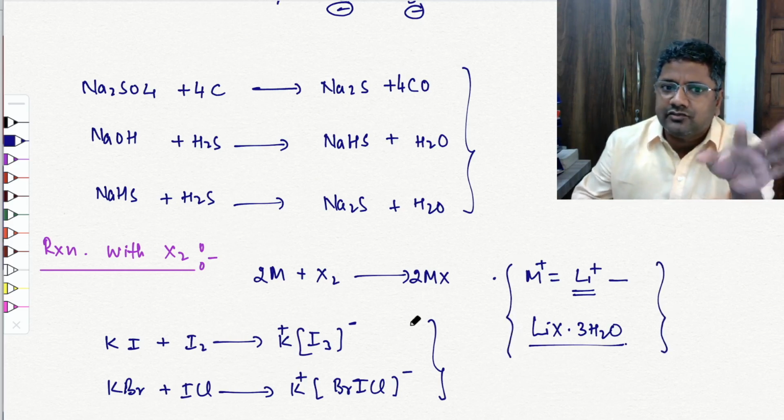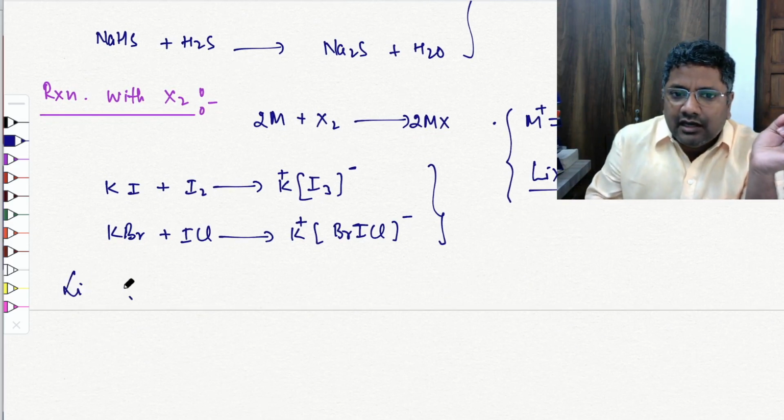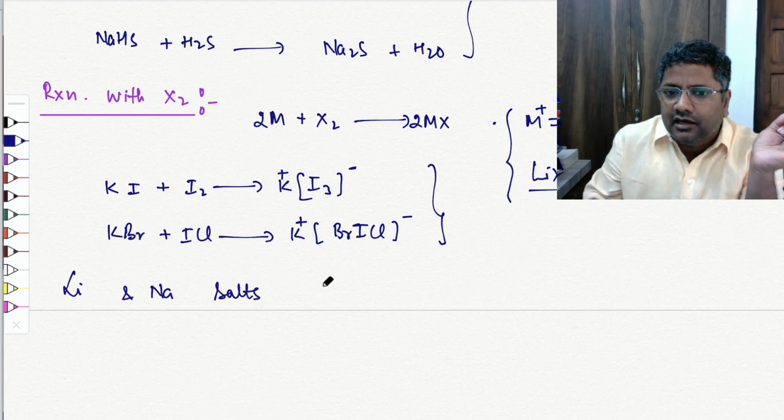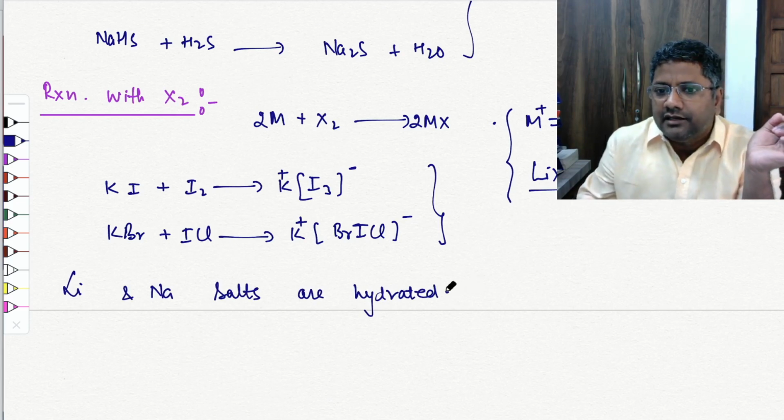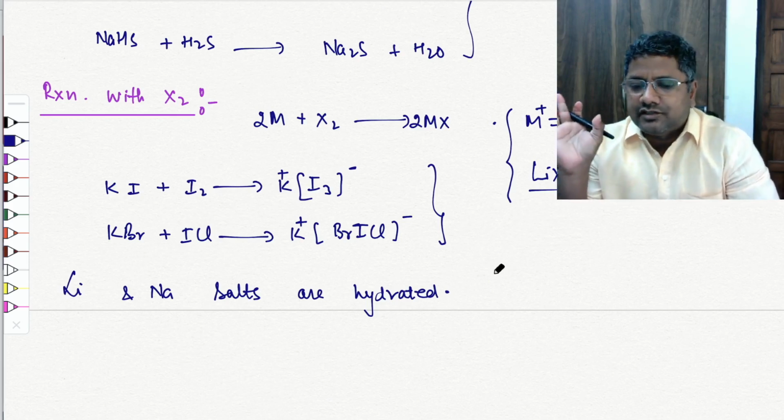So in the first group, lithium and sodium salts are hydrated, and potassium, rubidium, cesium do not form hydrated salt, right?